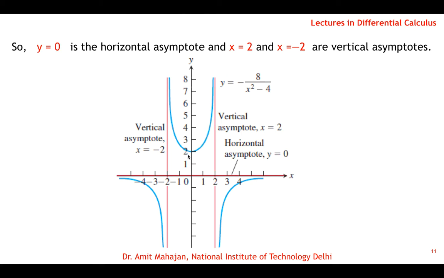And due to the even function being symmetric about the y-axis, the curve on the right and the curve on the left are the same. Okay, so this is how you calculate your asymptotes, horizontal as well as vertical. Or you can also calculate slant asymptotes if you have a rational function with the degree of the numerator 1 greater than the degree of the denominator.